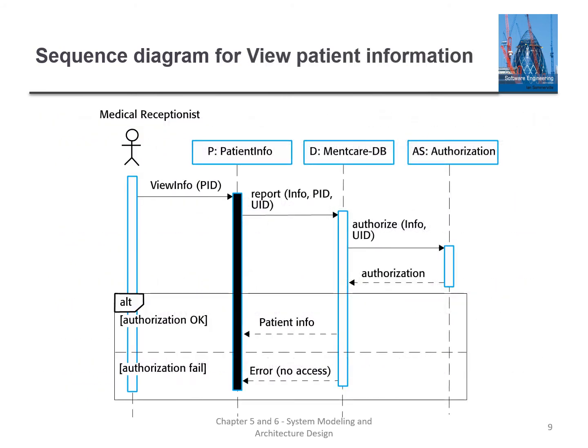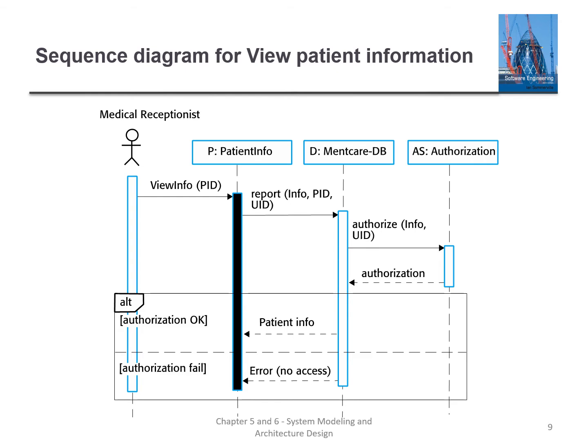We know who is involved, and the sequence is shown from up to down. Here is a sequence diagram for view patient information, which is for one particular use case.